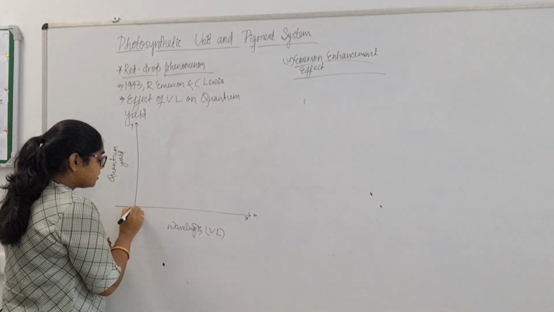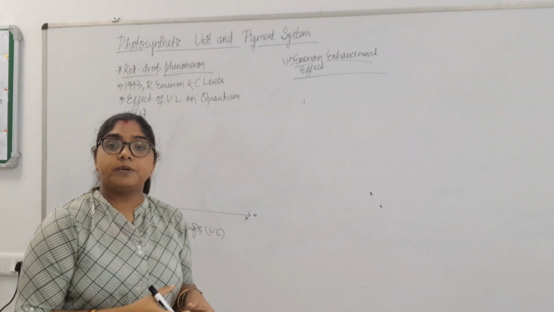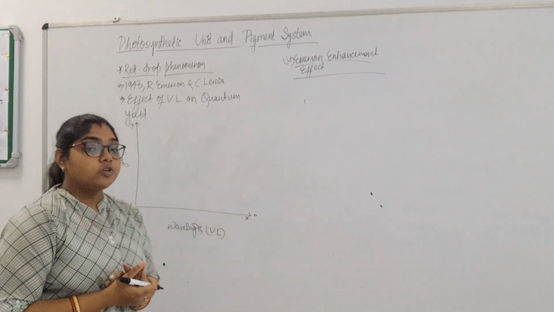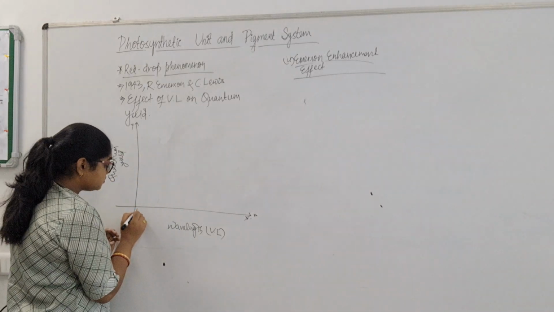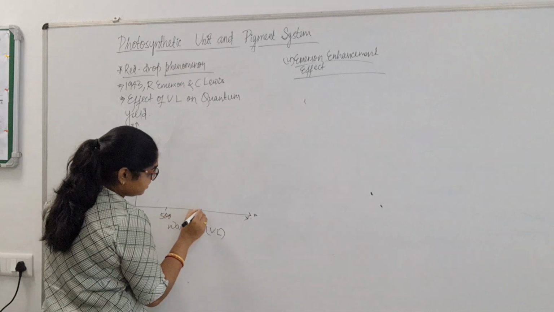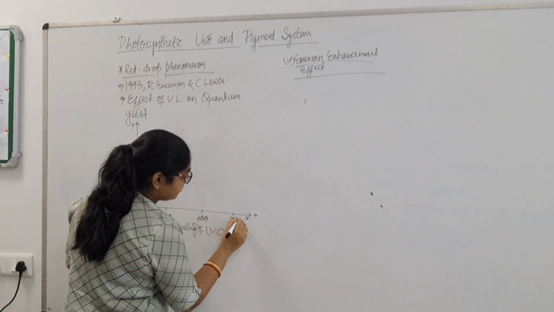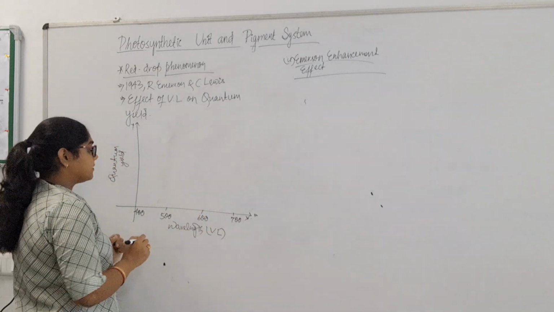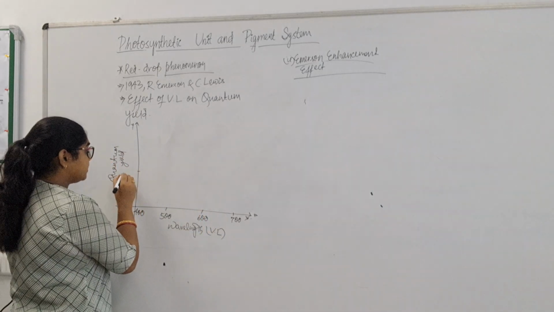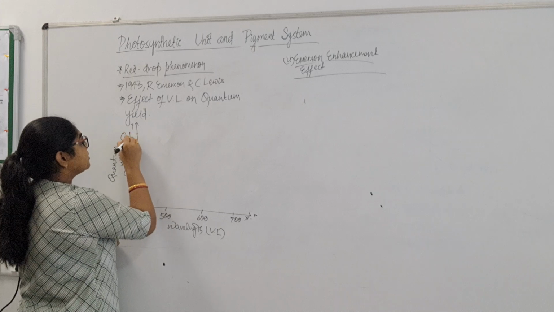As we know, the visible light spectrum ranges from 380 nanometer to 750 nanometer. So we will take 400, 500, 600 and 700 nanometer wavelengths of light. And for quantum yield we will take 0.05 and 0.1.